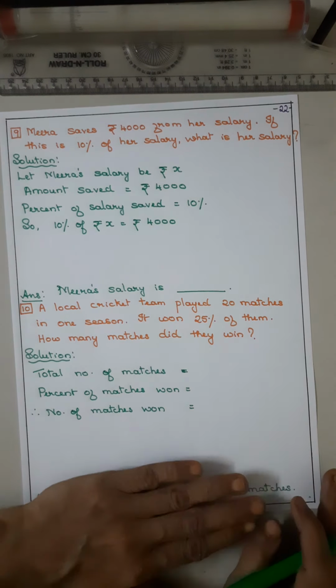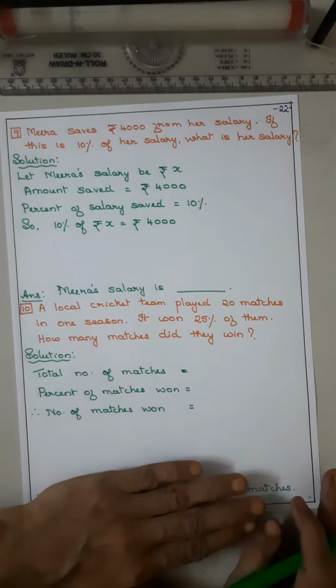Now X is equal to 4,000 into 100 upon 10. 10 cut. It will be 1 2 3 4. Then count the zeros and write them. So it is ₹40,000 is her actual salary. Meera's salary is ₹40,000.